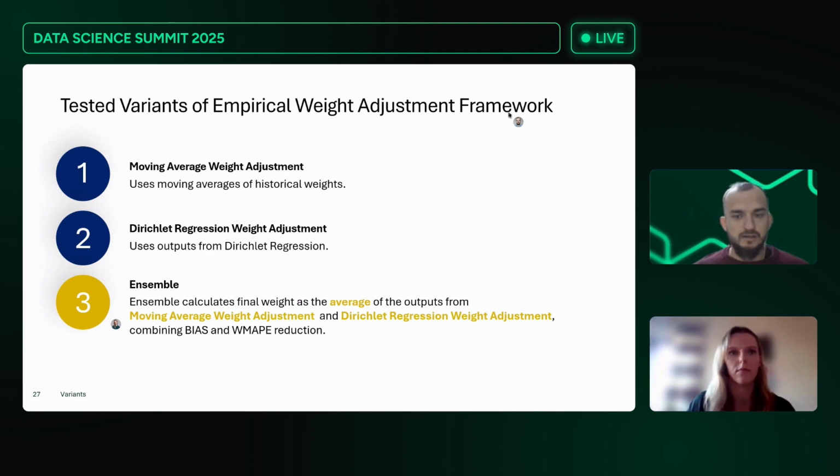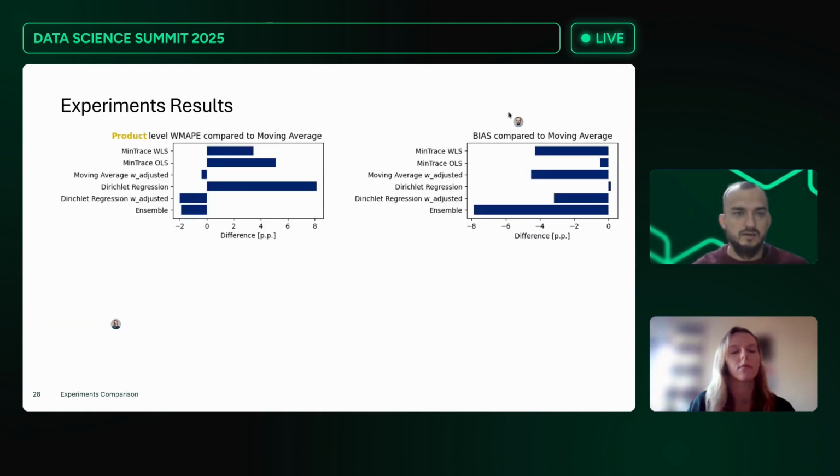Now we can compare all the results that we achieved using different approaches, and we will compare them against our current approach, which is moving average or moving weight.